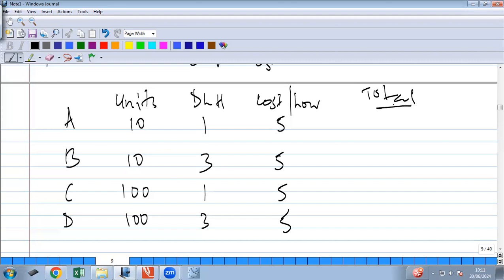Guys, you can help me. So one can start from D, another one can start from A, so that we move very fast. A is 50. B? 150. 500. And lastly? 1500, right?